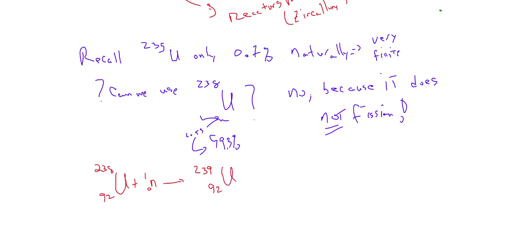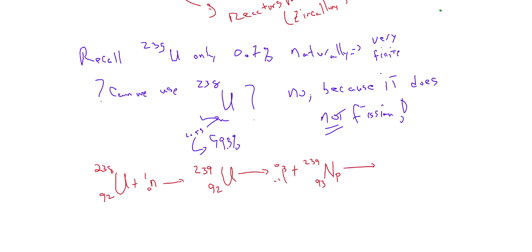And this thing now undergoes negative beta decay. So what you get up here is 239 again, 239 has to be there. And then you have a -1, so this has to be 93. And I believe that this is neptunium. That still is no good, but neptunium is unstable.